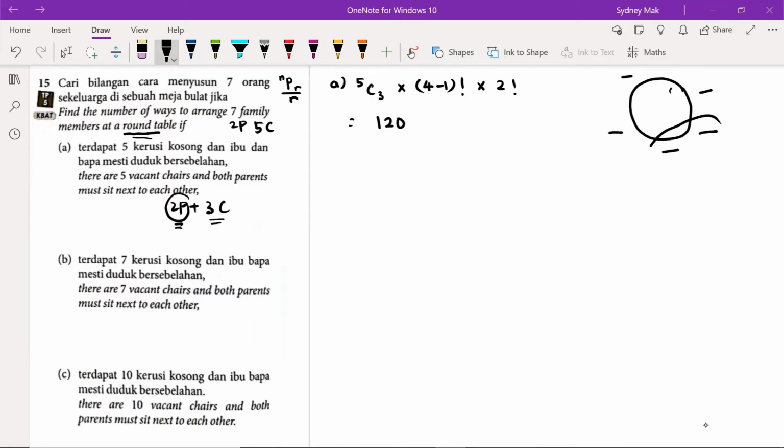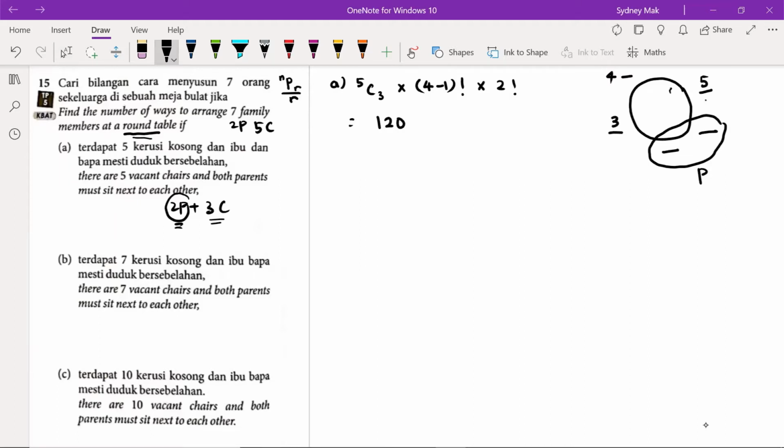So these 2 chairs, we bind together, and that's specially for parents. So let the parents sit in. Once the parents take up the space, the 5 children will have 3 chairs to sit. For this chair, we will have 5 choices of the children, followed by 4 choices, followed by 3 choices.